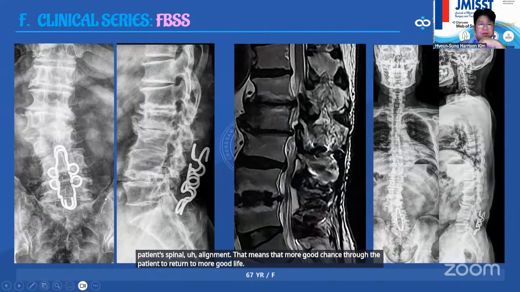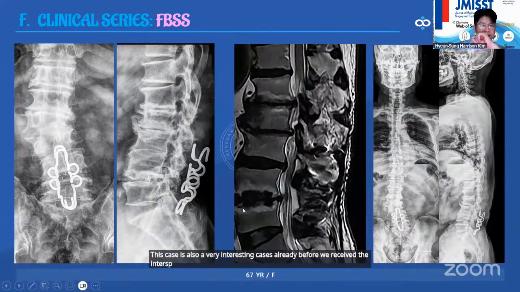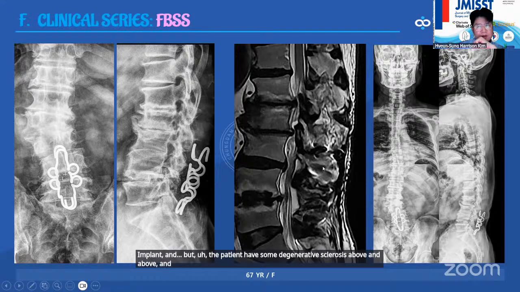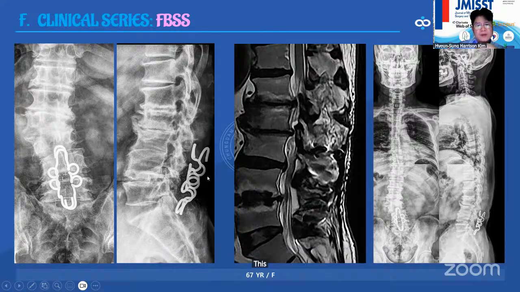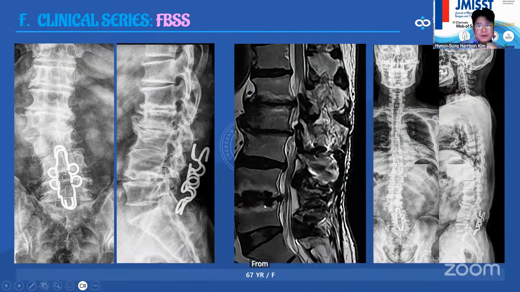This case is also very interesting. The patient had already received an interspinous device with implants, but had degenerative scoliosis above and above, and also stenosis at the upper level and foraminal stenosis together. Because of that, this patient might receive a very big surgery, from L45 foraminal decompression or fusion, or 3-4 decompression and 2-3-1-2 fusion.